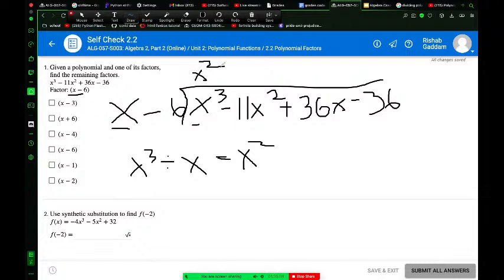And since we know that x to the power of 2 times x is x to the power of 3, we now have to do x to the power of 2 times negative 6. That is obviously negative 6. Did everybody get it up till this point?